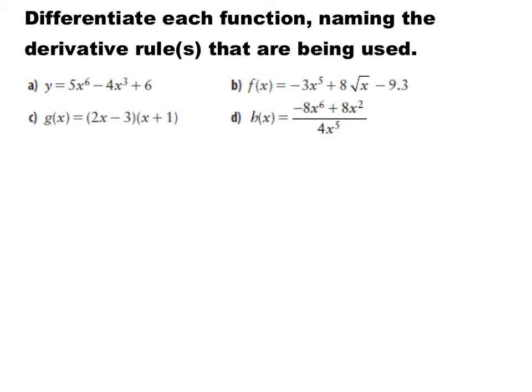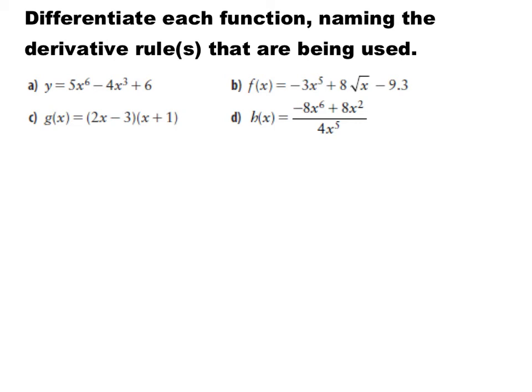The last one is h of x, which is negative 8 x exponent 6 plus 8x squared divided by 4x exponent 5. We haven't talked about the derivative of the ratio of two functions, so this means that I have to get rid of the denominator.